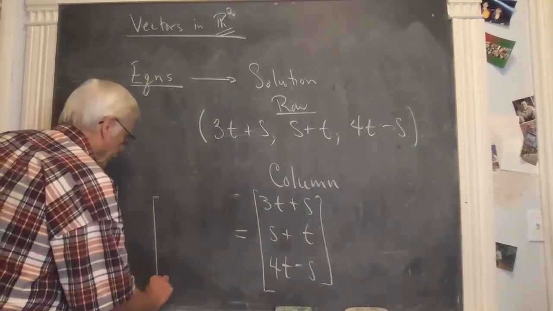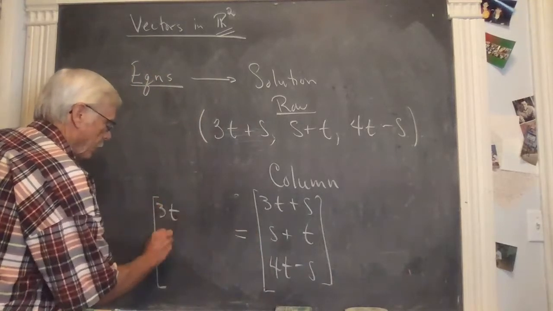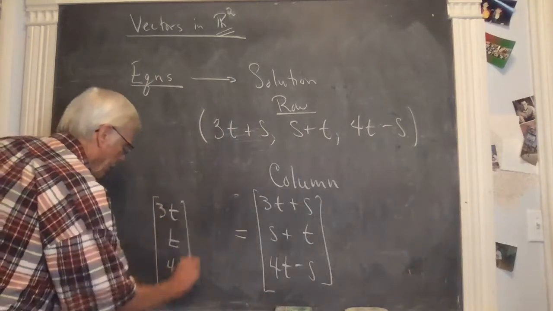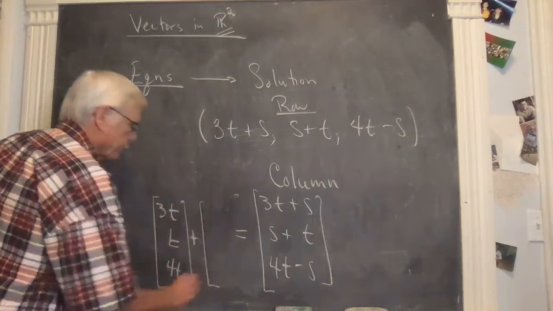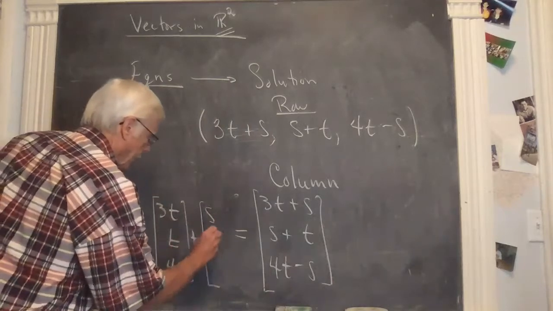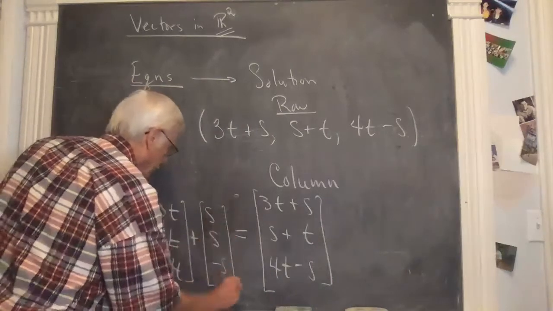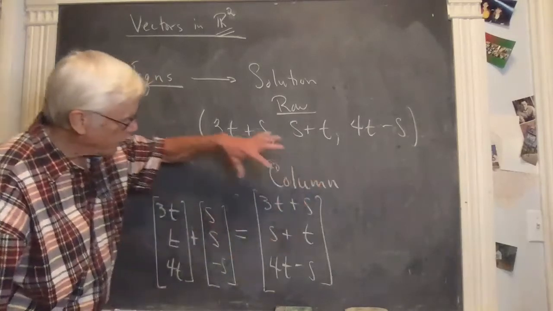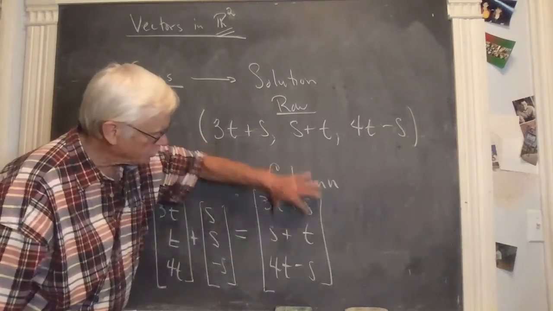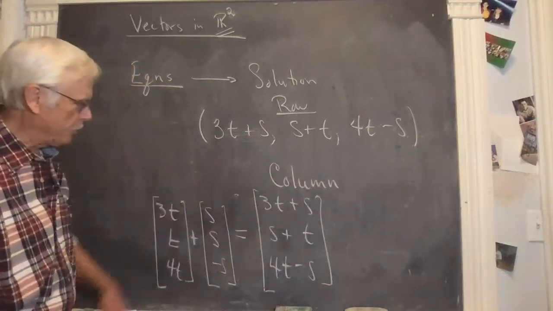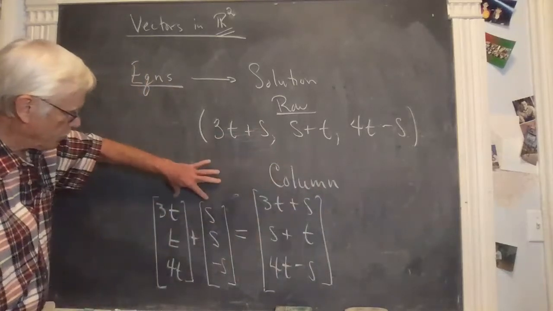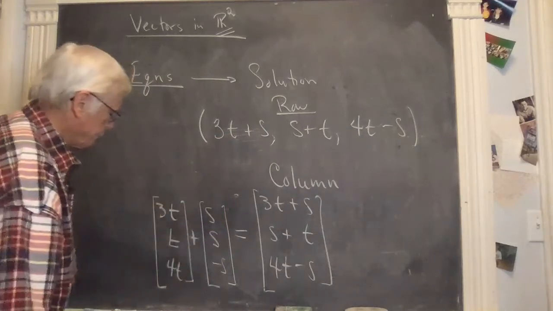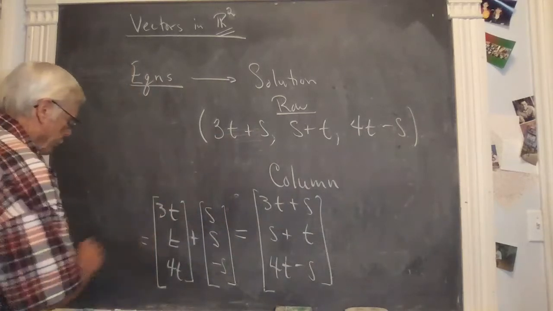You can separate this out into the t part, 3t, t, 4t, plus the s part, s, s, minus s. If you use vector addition on these two, you get this, but we want to go the other way also. If you take the solution that looks like this, a plane in three-dimensional space, you can separate it out into these two components, each one represented by a parametric variable.